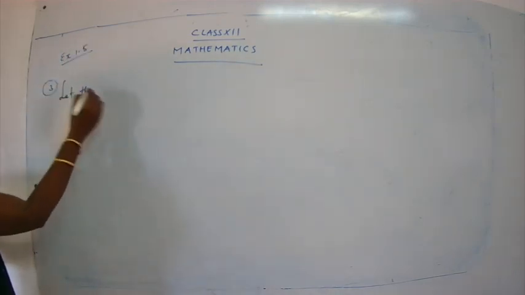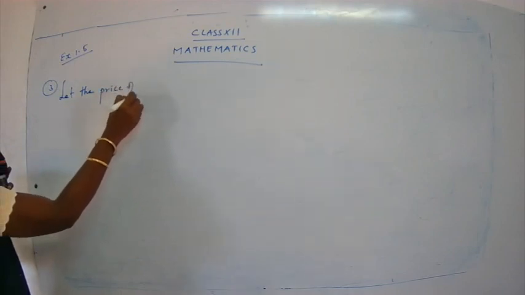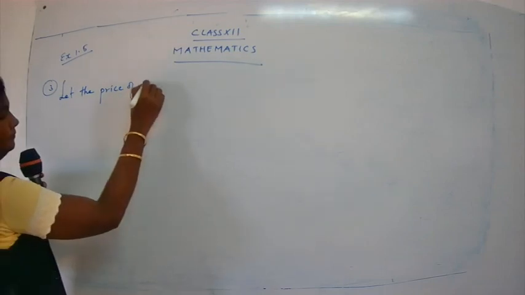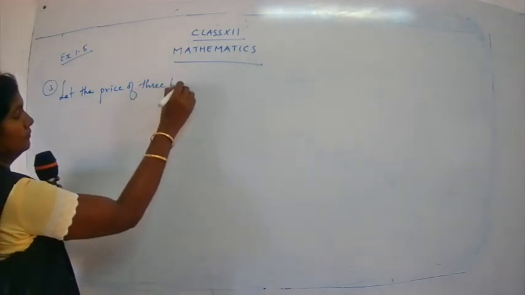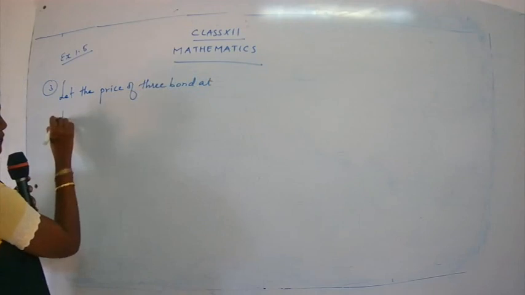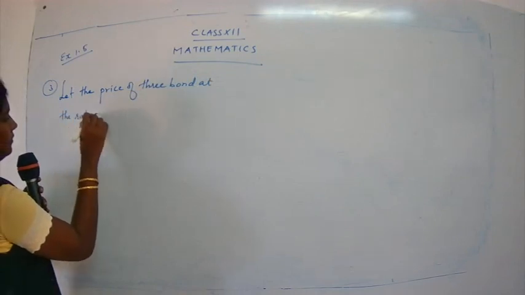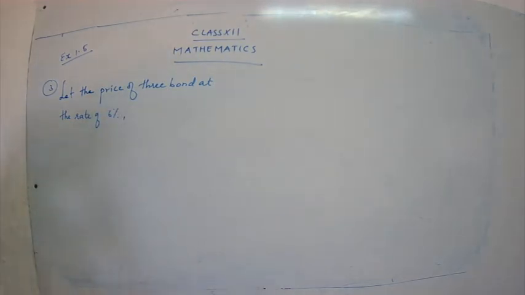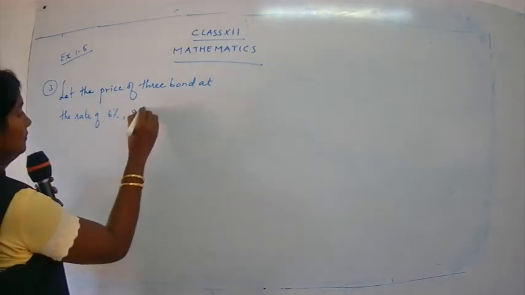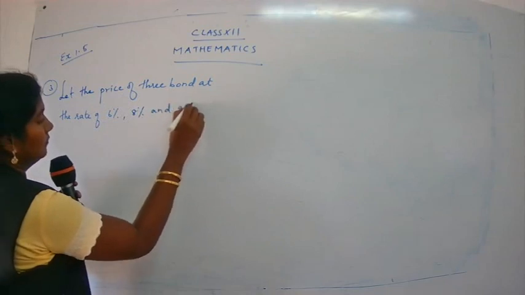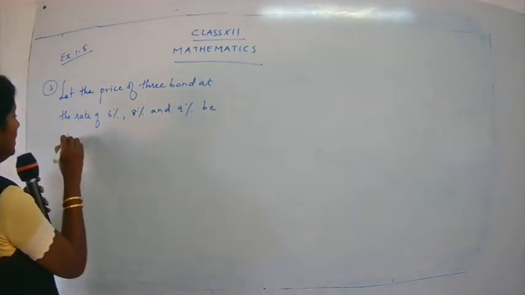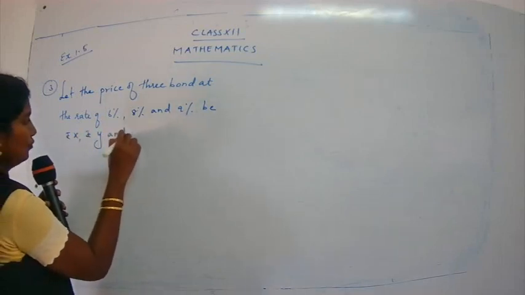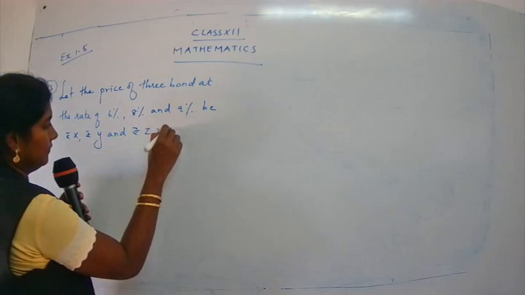Let the price of 3 bonds at the rate of 6%, 8% and 9% be rupees X, rupees Y and rupees Z respectively.